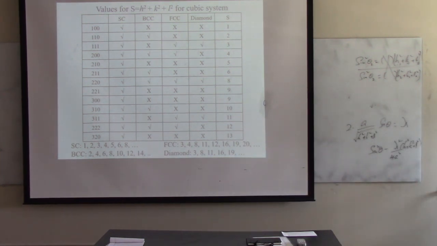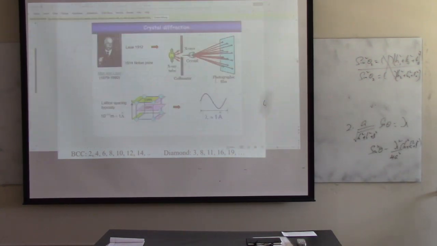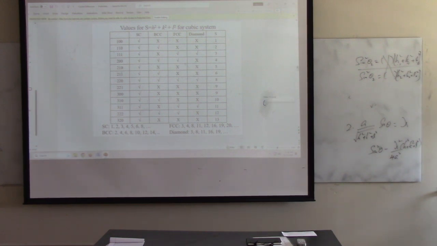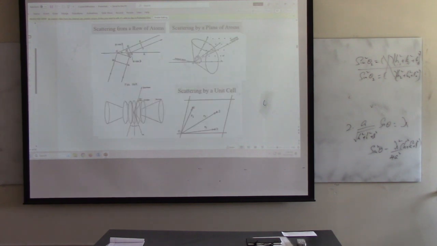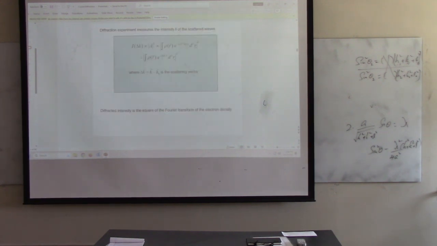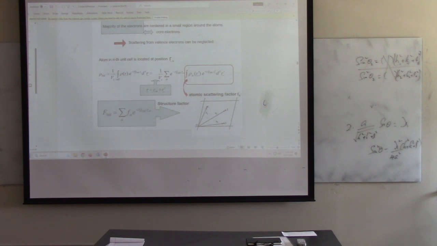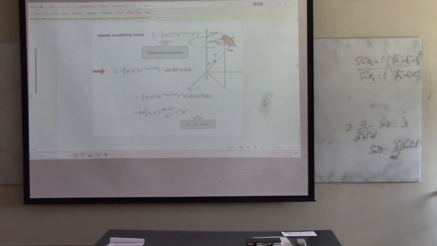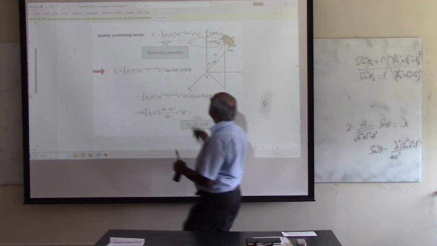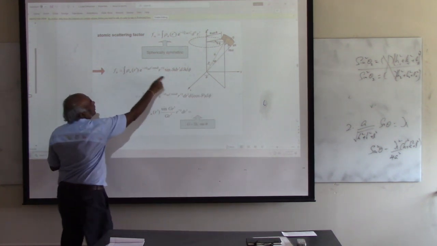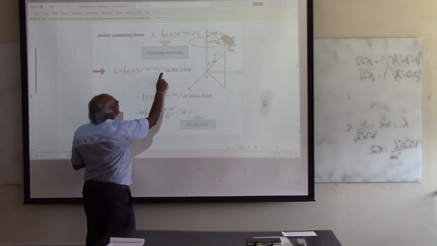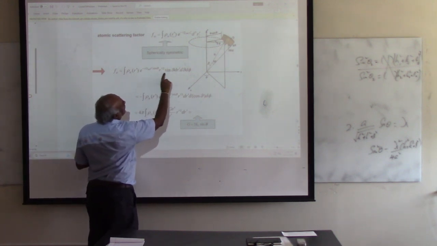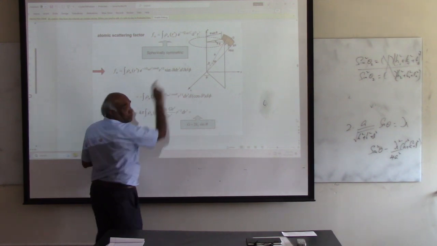So this is a very simple integral. This is the elemental volume here, r squared dr, then sine theta d theta, then you have d phi, right?